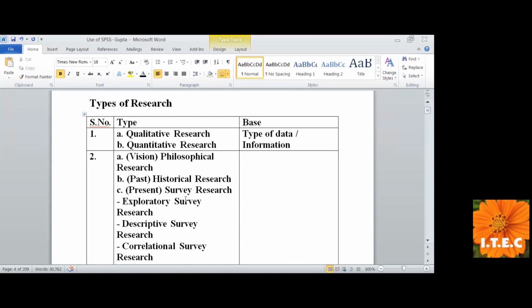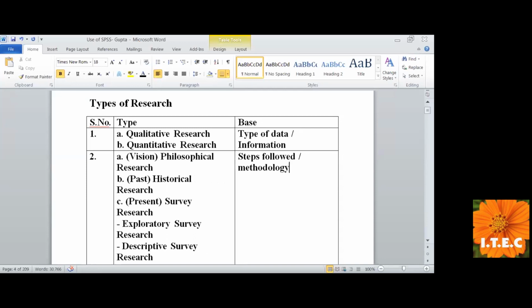In case study, formulation of hypothesis cannot be the step. So you can differentiate them on the basis of steps followed, or you can say methodology. That depends upon you. If you want to write methodology, you can write methodology.